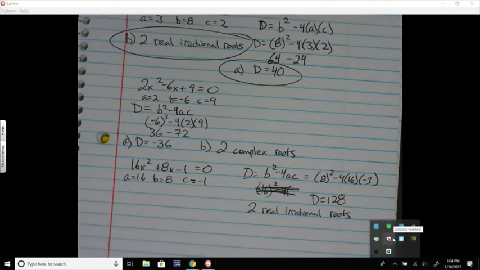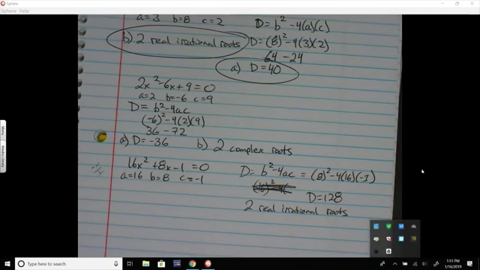Distinct is different. They have different roots.